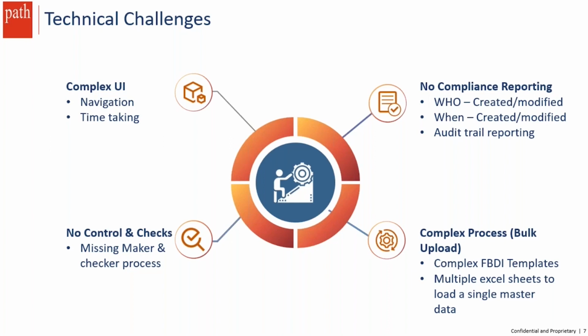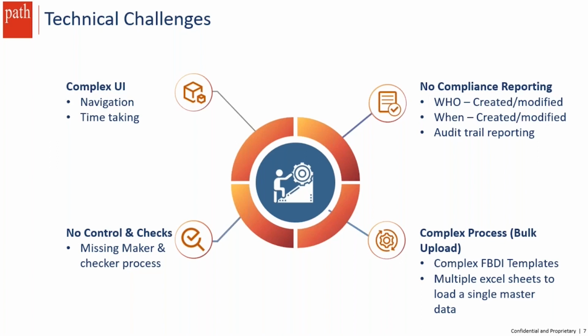The fourth is the complex process of bulk upload. A lot of times we require uploading or updating bulk items, but it's very cumbersome. Oracle has given some new features in Fusion called FBDI, but filling the FBDI templates is again not a user's job.